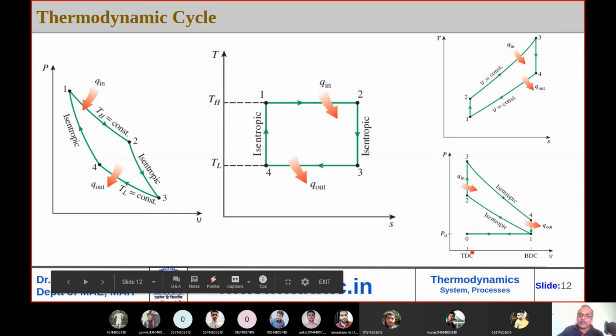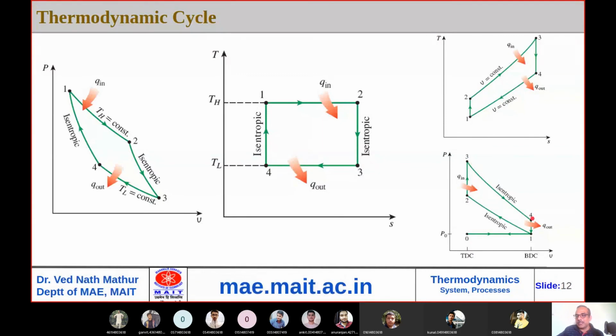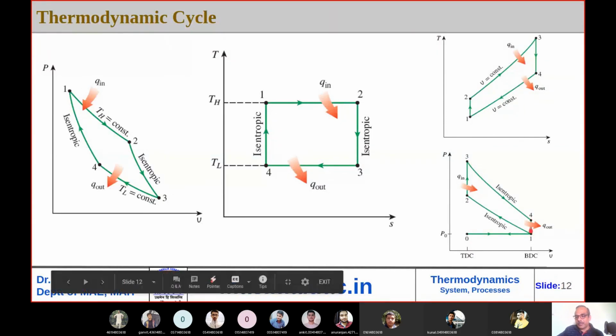So piston remains stationary and heat transfer takes place. And then isoentropic expansion, then heat rejection again at constant volume at a fixed position of the piston. This is an ideal Otto cycle, air standard Otto cycle. So this is suction, compression, heat addition, expansion, heat rejection, and exhaust stroke.